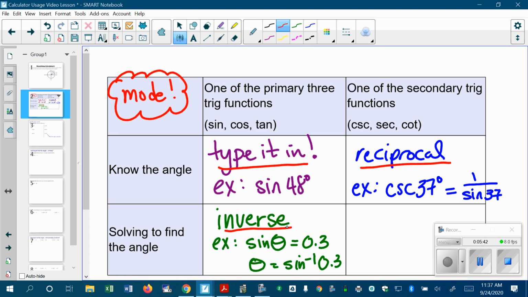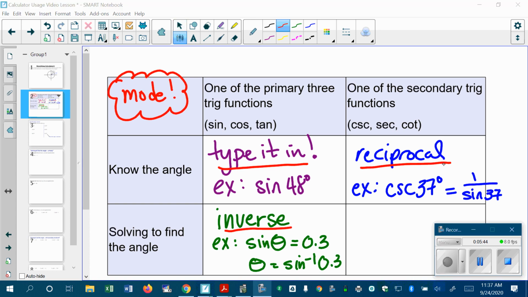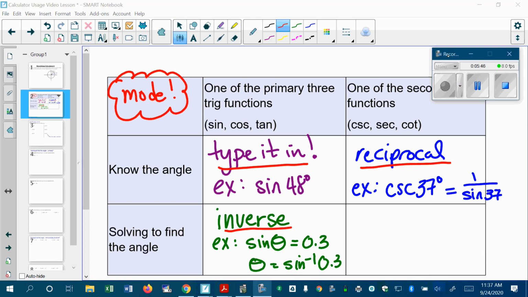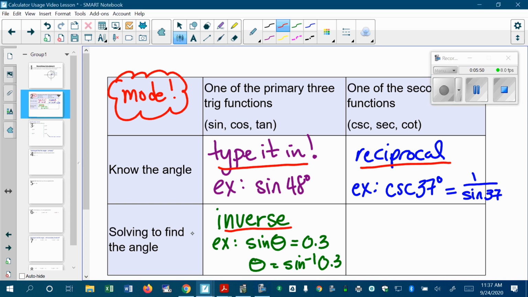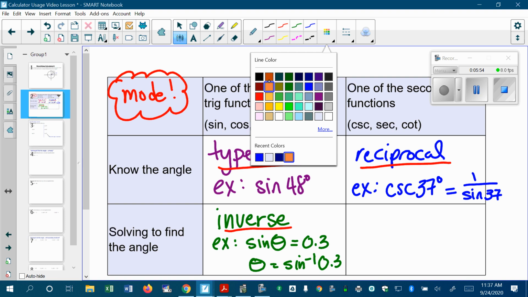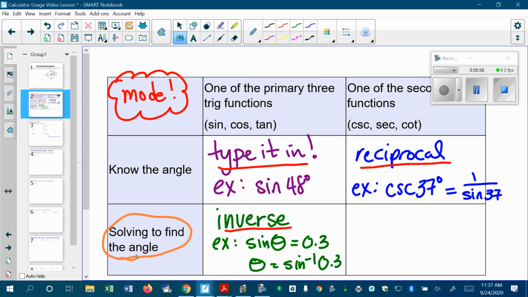Now, this last category is the spicy meatball of the whole situation, my friends. So this last category is one where I don't know the angle. And in addition to that, not only do I not know the angle, I also am using one of these lesser trig functions. They aren't really lesser, I just need a name, okay?